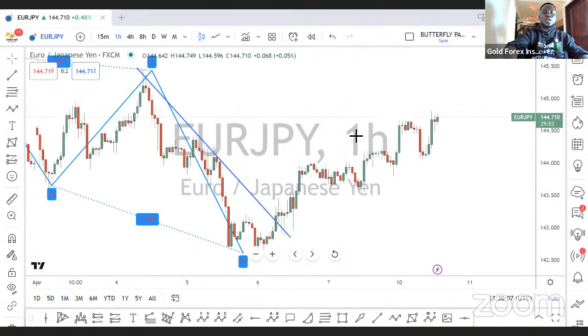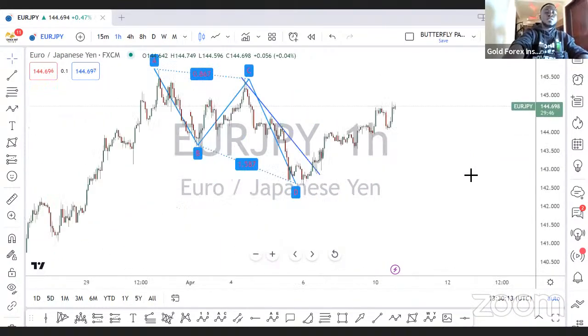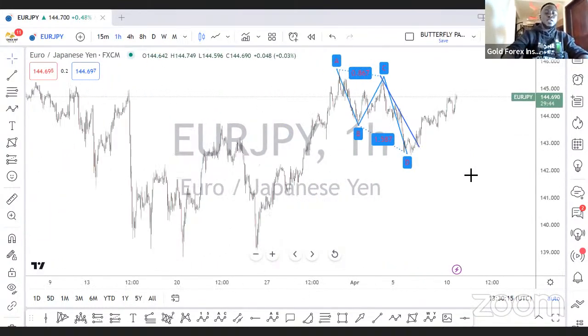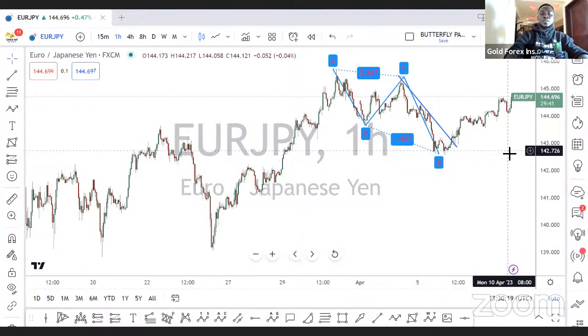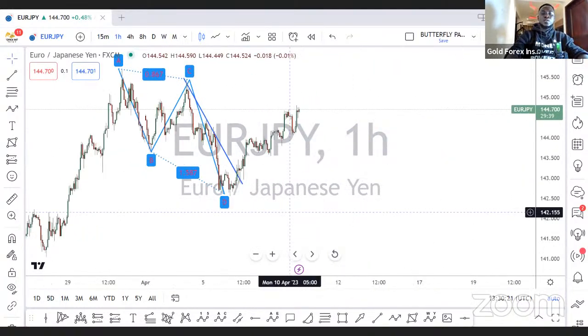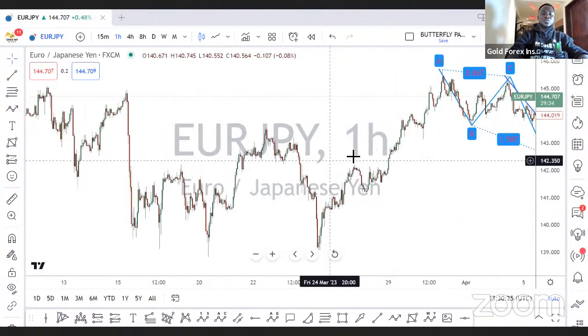So definitely we will have a pullback, but what you want to do is join these internal structures like this one over here. If you want to join, expect that maybe we can have those big pullbacks and you join.